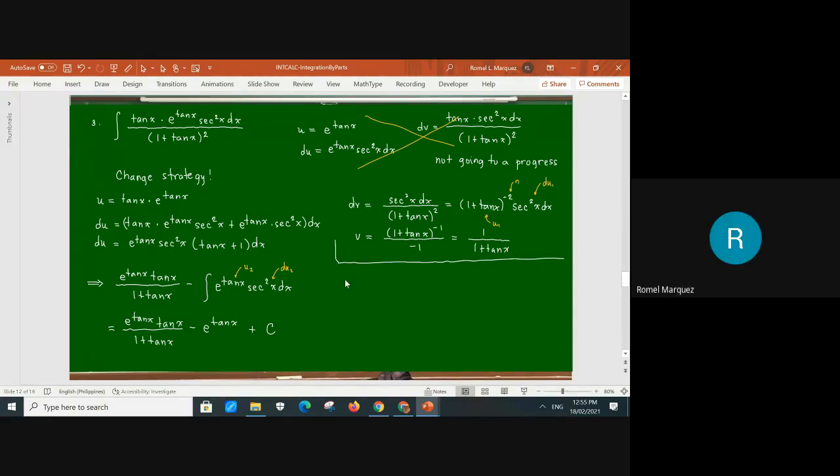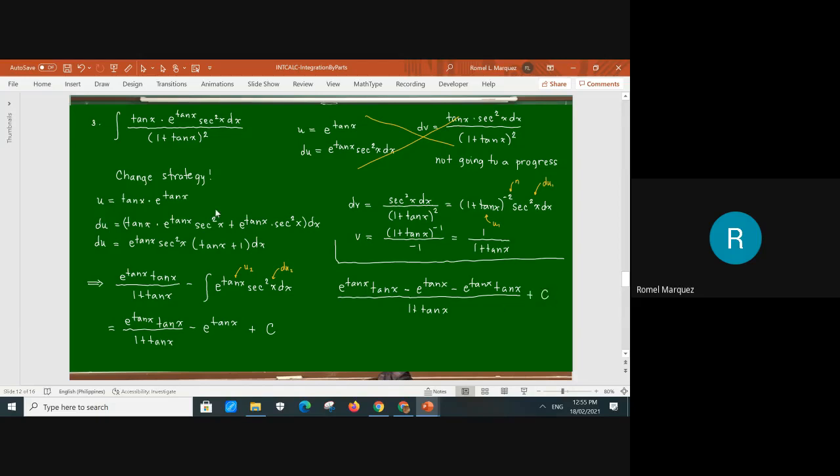In the numerator, we get e to the tangent x times tangent x, and the second term is e to the tangent x times 1 plus, negative also. Yes, all over 1 plus tangent x. It becomes simpler, all over 1 plus tangent x. And that is plus C here.